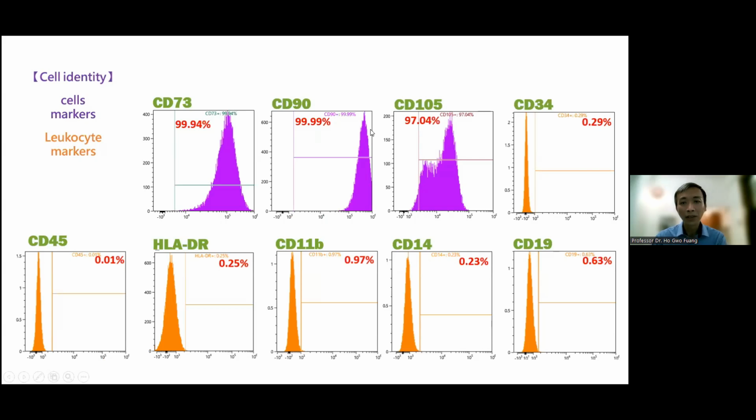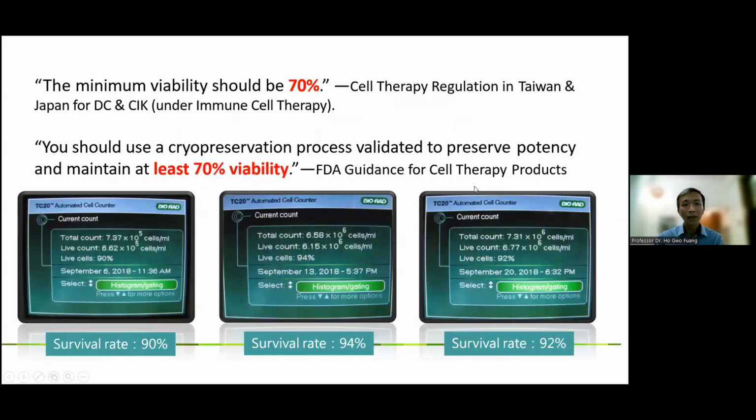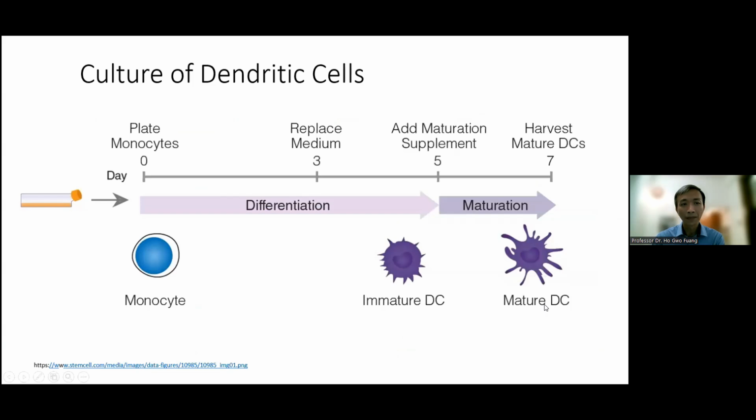So CD73, 90, CD105. So the guideline from Taiwan and Japan says that minimum viability should be 70%. You should use a cryopreservation process validated to preserve potency and maintain at least 70% viability. So in Penny's lab, survival rate is 90 to 94%.